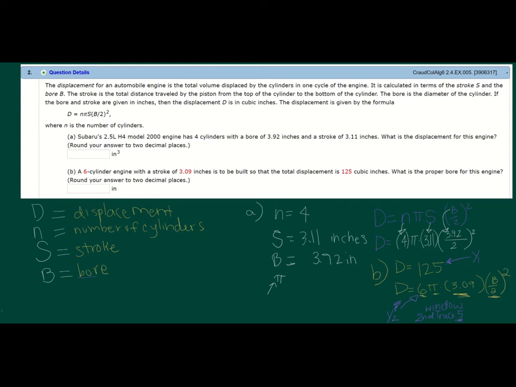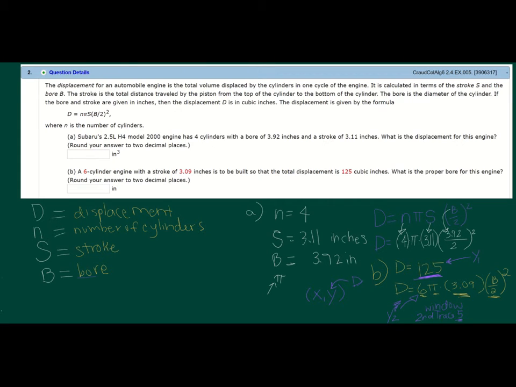It's going to give you a point of intersection, which will have XY coordinates given in the bottom of the screen. It's important here to remember that Y is your displacement. We already know what our Y is going to be equal to at this point of intersection. It's going to have a Y value of 125. That's given.